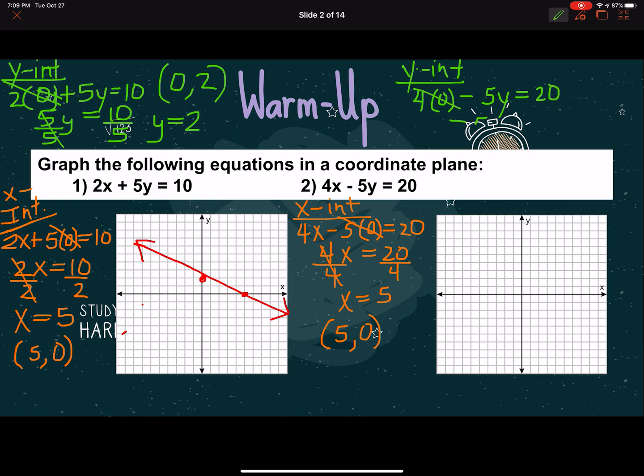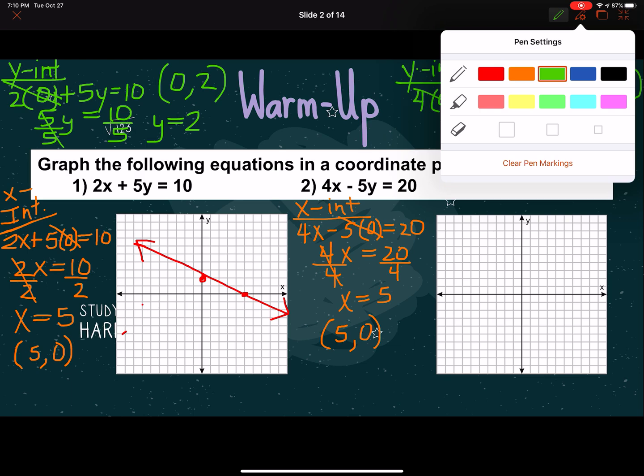Now we're left with negative 5y equals 20. Divide both sides by negative 5, and y equals negative 4. So my ordered pair for my y-intercept would be 0, negative 4.